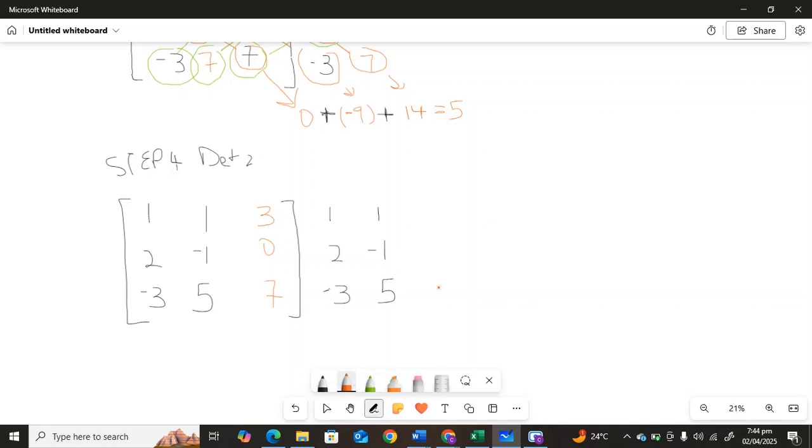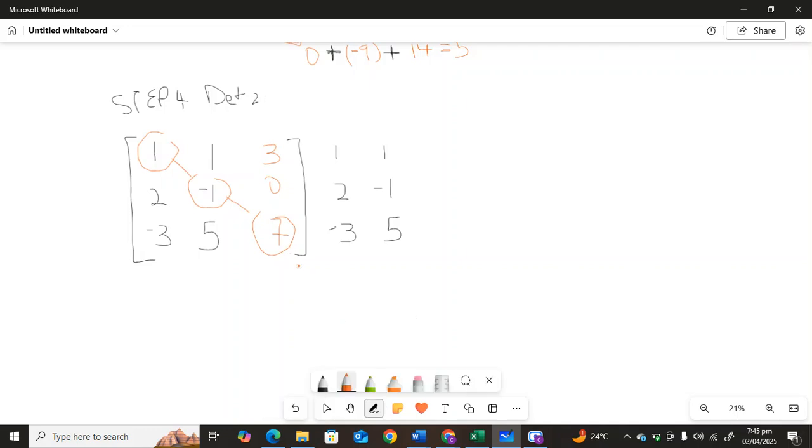Okay, you're welcome. Okay, so we multiply again diagonally. 1 times negative 1, that is negative 1, times 7, that gives us negative 7. Plus 1 times 0 times negative 3.